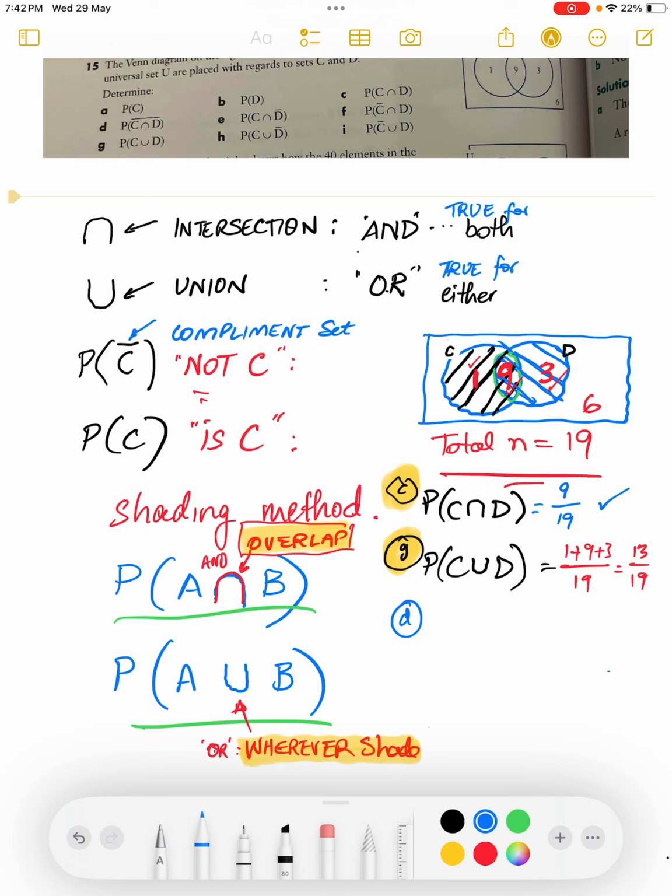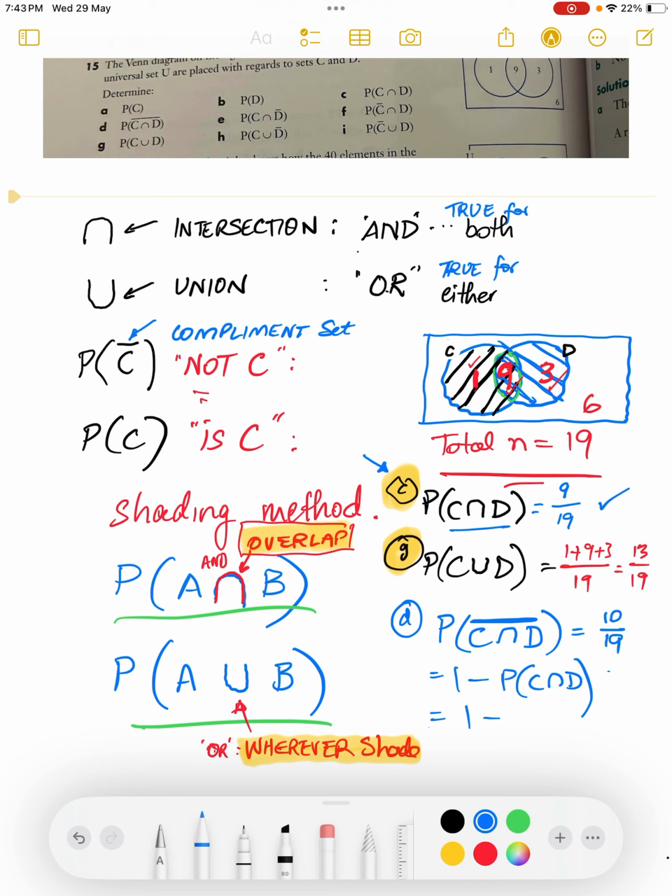Now, D says the probability of C intersect D, but the complement of that, and that means not C intersect D. Now, not often means 1 minus, so we can take away 1 minus the probability that it was intersecting, or you could just see up here in part C that the probability that it was intersecting D was 9 over 19, so the probability that it's not C intersect D is the other 10 out of 19.